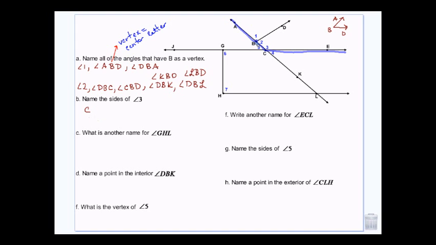Now I can call this CB, or I can call it CA, because I can call it either of these 2 letters. And then when I look at this one, I only have 1 point on that ray other than C. So this one has to be CE. Does that make sense? So if you said CB and CE, you'd be right. If you said CA and CE, you'd be right.